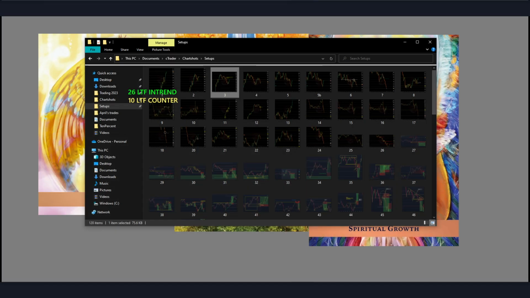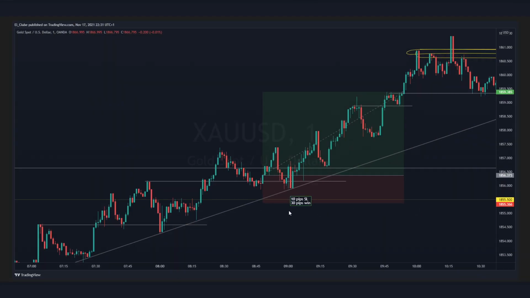But let's have a look at the setups, very briefly, trying to understand when the trade was happening.